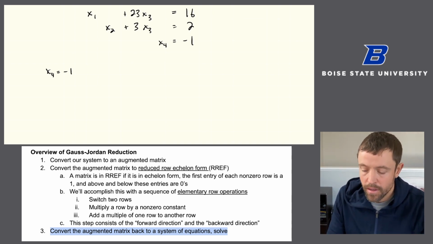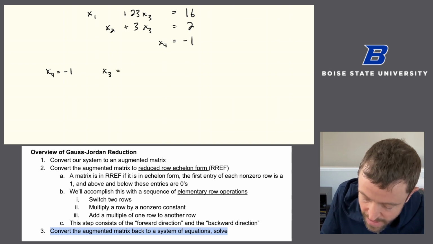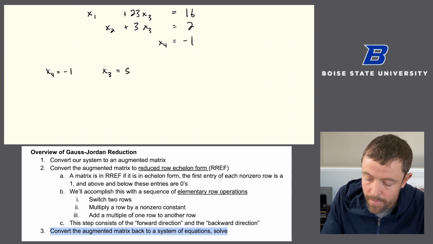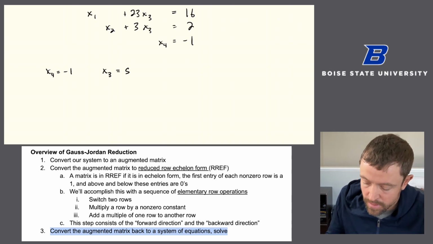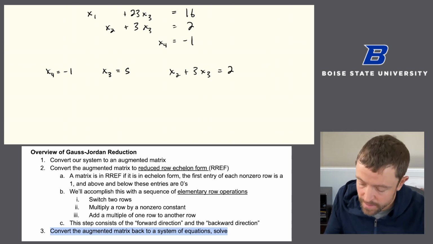Moving along, x3 is a free variable, so we should call it something. I'll name it s, right? We have to choose some parameter to represent any free variable. Now we take this equation. So we have x2 plus 3x3 equals 2. And I'll sub in that x3 is s.